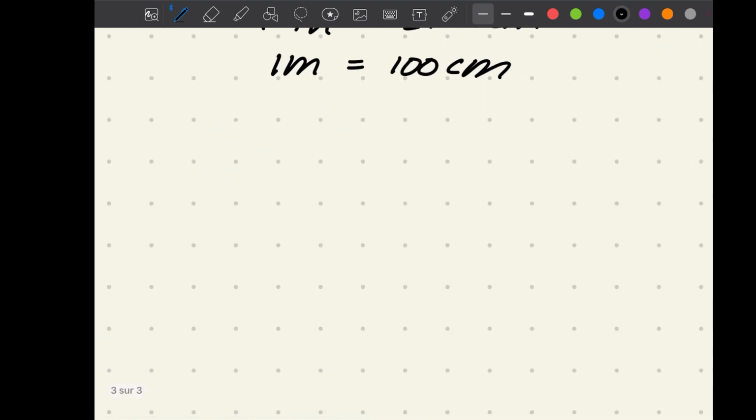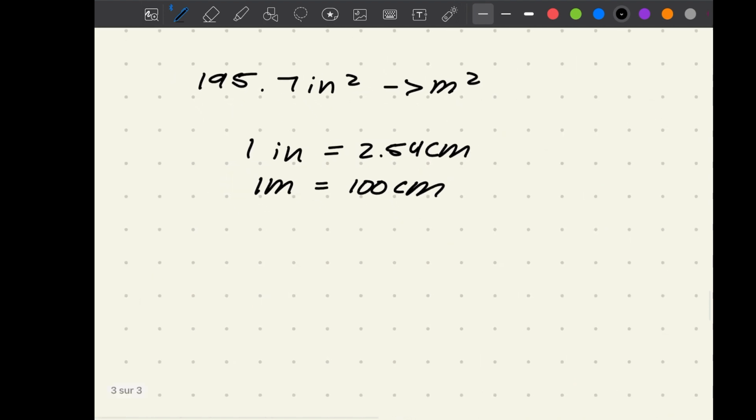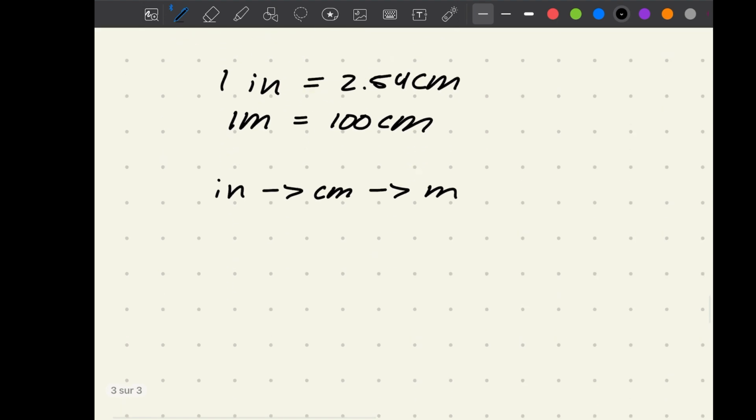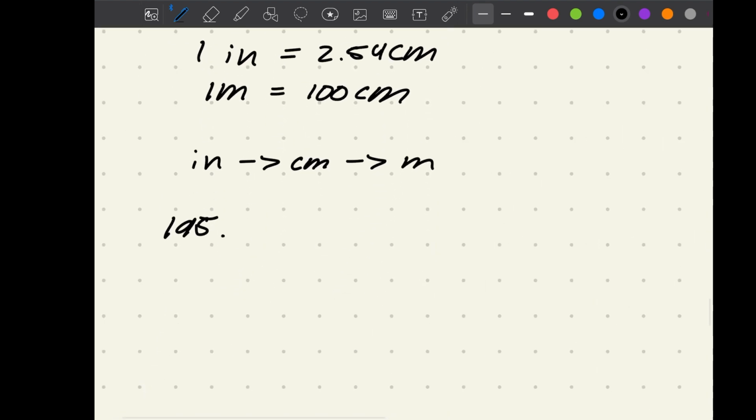So we can write a linear example of this to better help us solve this problem. So we have inches, and we can convert this to centimeters, and we can lastly convert centimeters into meters. So we have 195.7 inches squared.